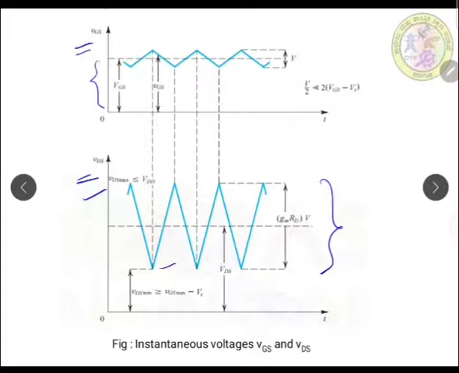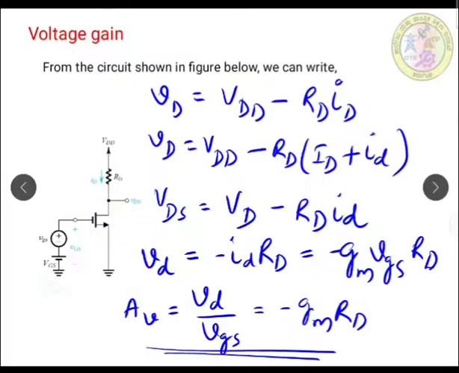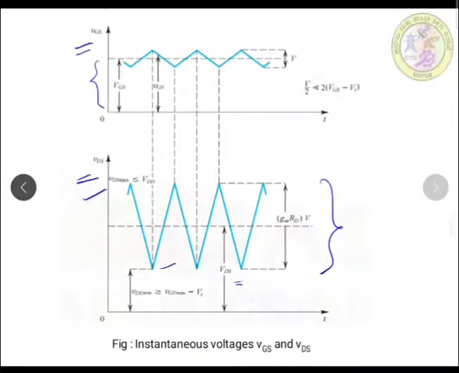This VDS is the DC biasing voltage set up in the amplifier circuit. So this is regarding the AV expression, the voltage gain expression, which is minus gm into RD, and the representation of instantaneous values of VGS and VDS through this graph.